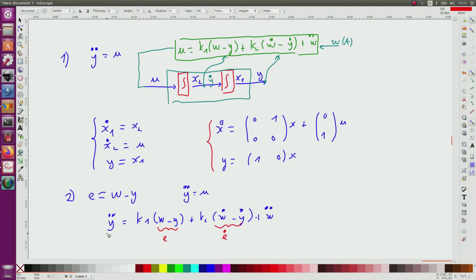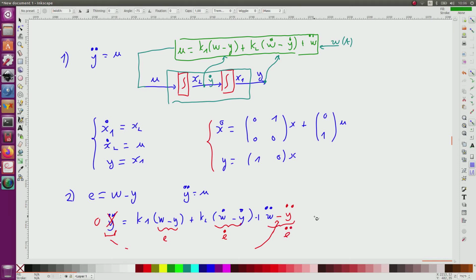And if I take this one and put it on the other side, I will have w dot dot minus y dot dot. Here I get 0, and this corresponds to e dot dot.